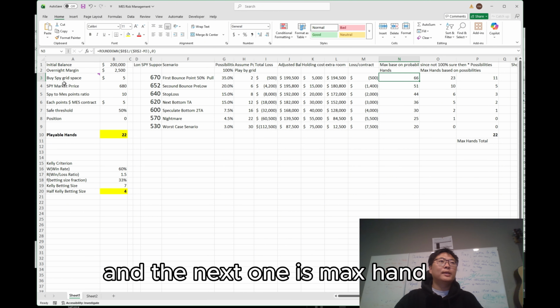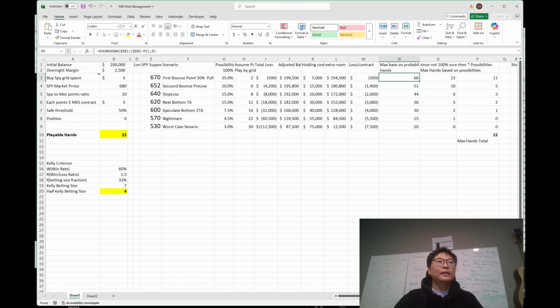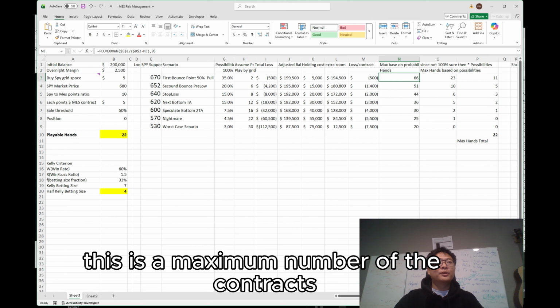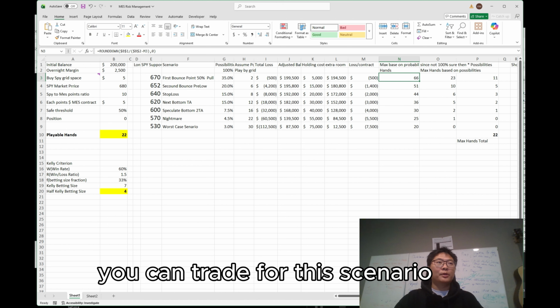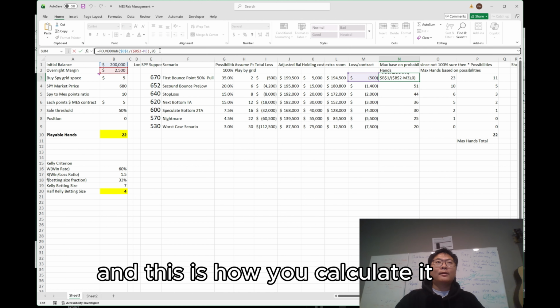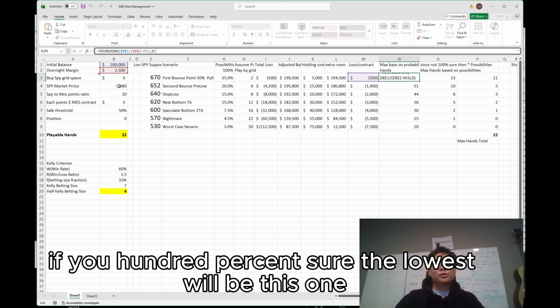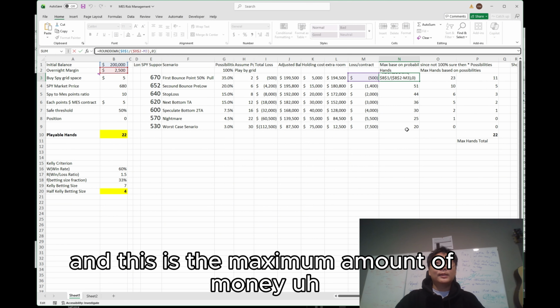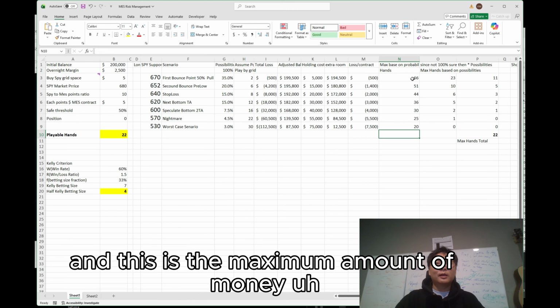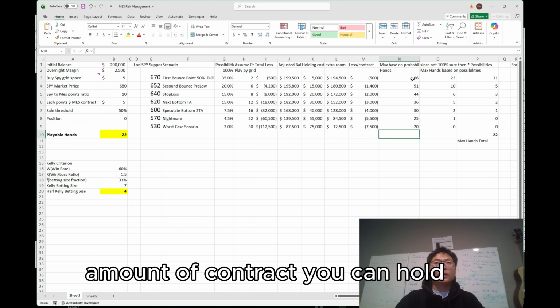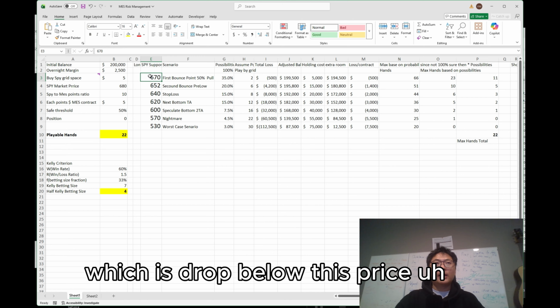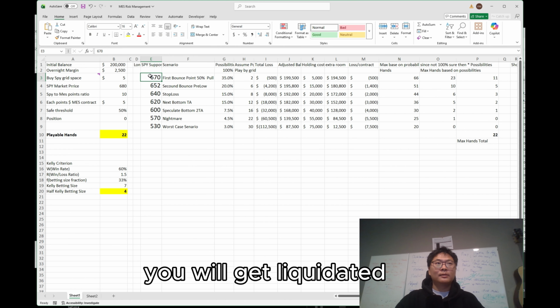And the next one is max hand. This is the maximum number of contracts you can trade for this scenario. It means that at this price point, if you're 100% sure the lowest will be this one, this is the maximum number of contracts you can hold; if it drops below this price, you will get liquidated.